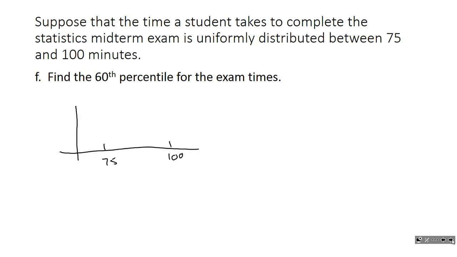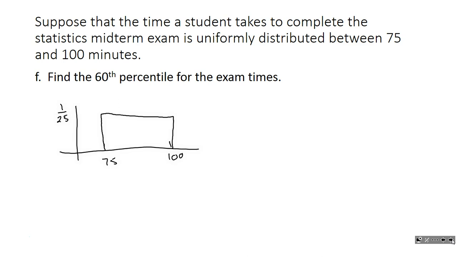Sometimes it's called the rectangular distribution. Another name for the uniform distribution. Kind of obvious to see why that would be an alternate name for it. Remember the base here is from 75 to 100. That's 25. So our original height here was 1/25.